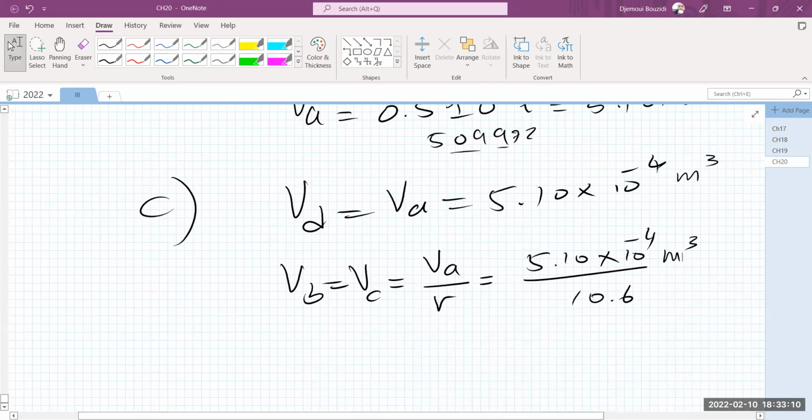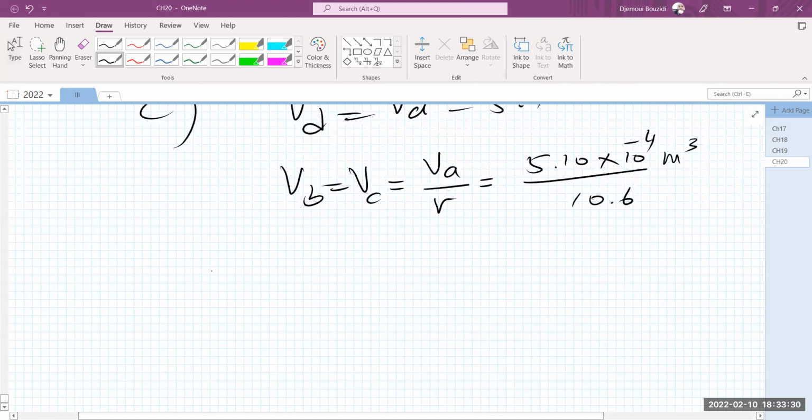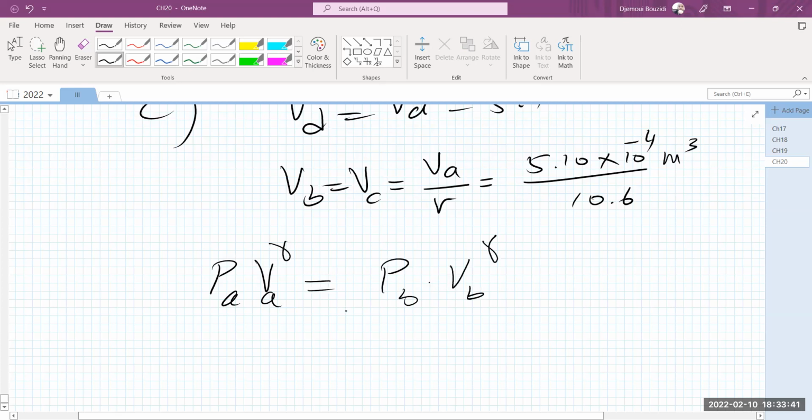We can find what these pressures are also. What's the next part? We started with the volumes. We need to find the pressures. They're important. So the pressure at point A times the volume at point A to the power gamma is the same as the pressure at point B times the volume at point B to the power gamma. So that means the pressure at point B is the pressure at point A times the ratio of these two volumes, VA over VB, to the power gamma.